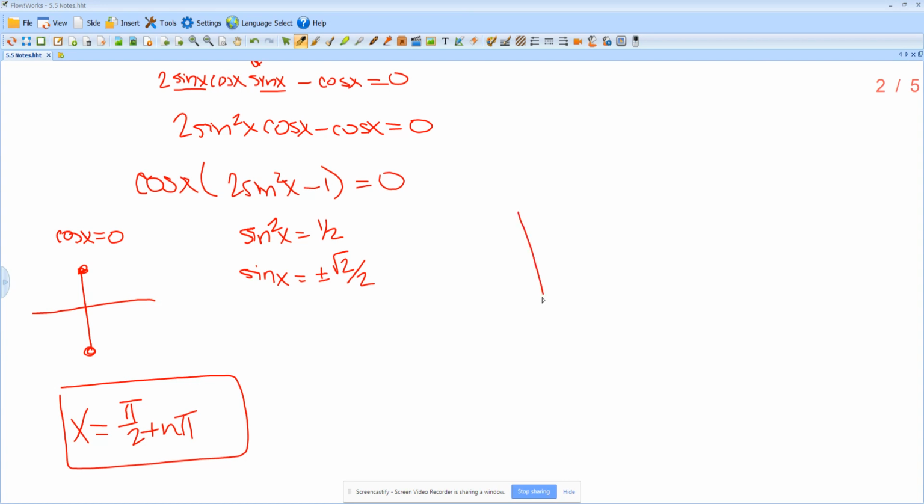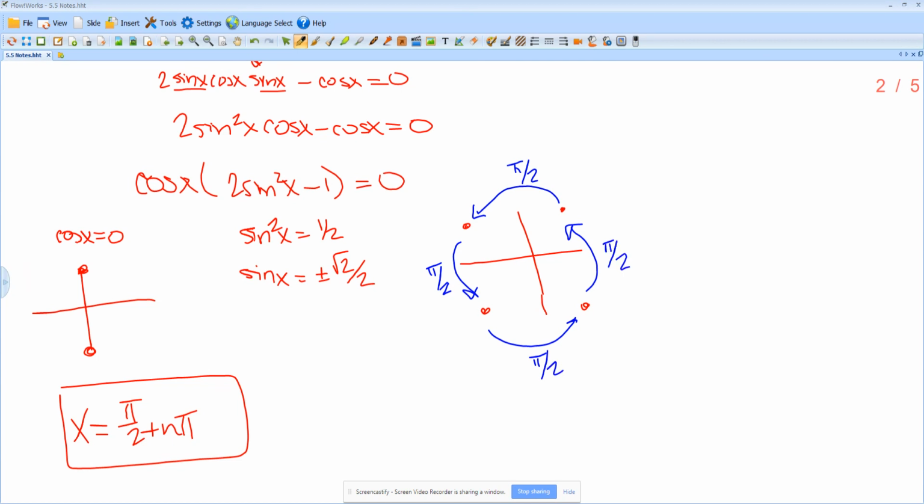Over here, sine being plus or minus root 2 over 2 happens in 4 locations. And this is a cool problem because if you think about the distance between these, and you've seen problems like this but you may not have asked about it, the distance between all of these is pi halves. So this is a rare case where you're not looking at just 2 of those points being equidistant.